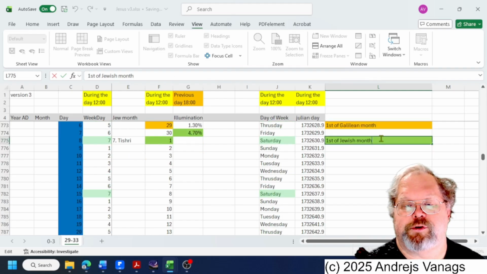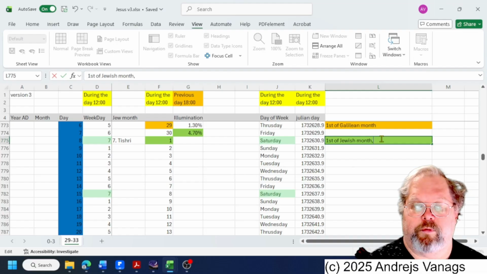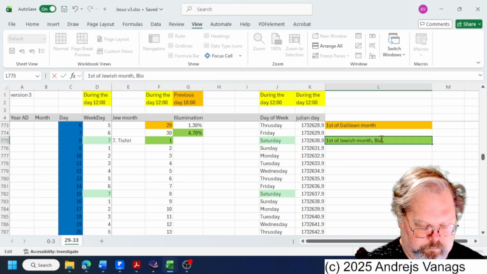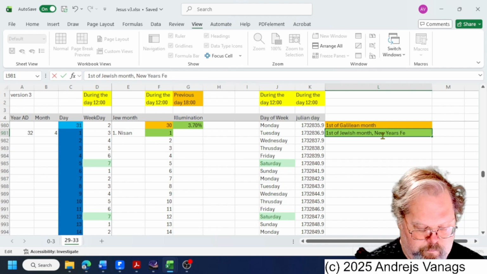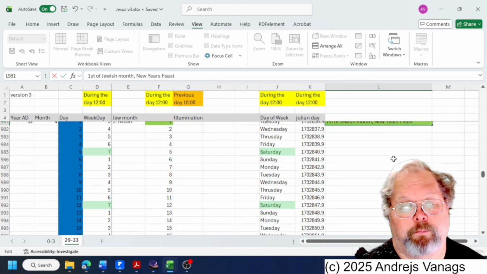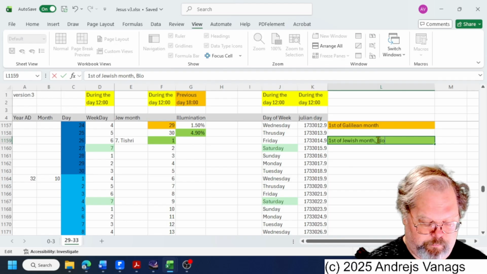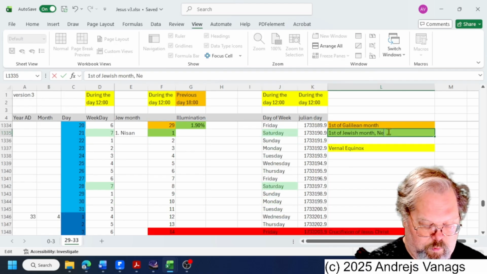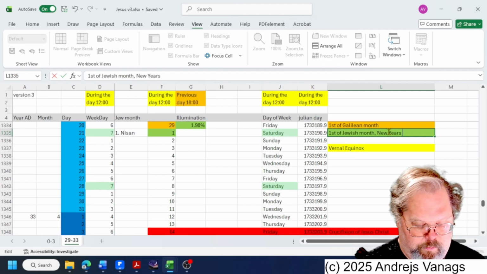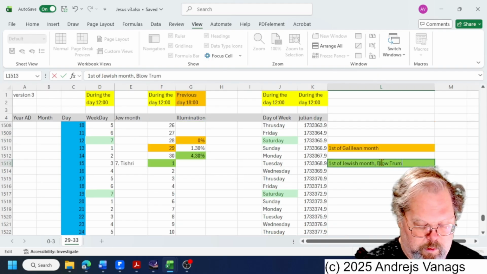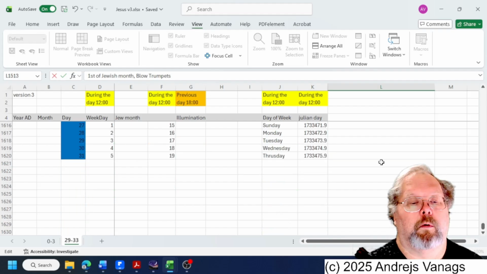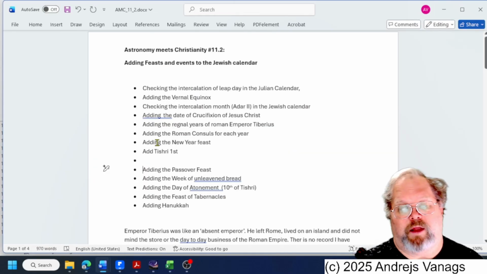You go to Tishri, we say blow trumpets. Here's the New Year feast during the day. Here we blow trumpets. This is the New Year's feast. Here we blow trumpets. And that's it. Now we add the Passover.